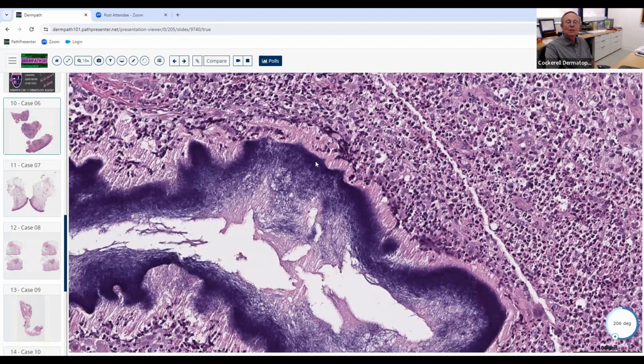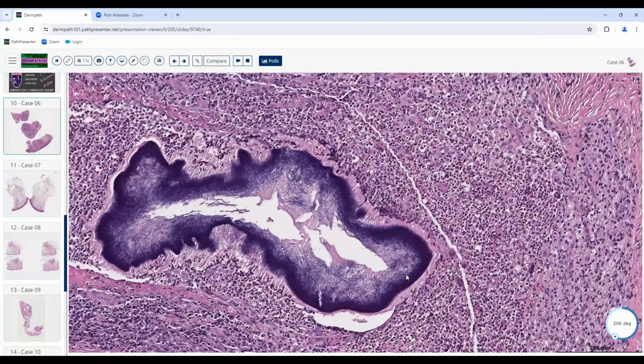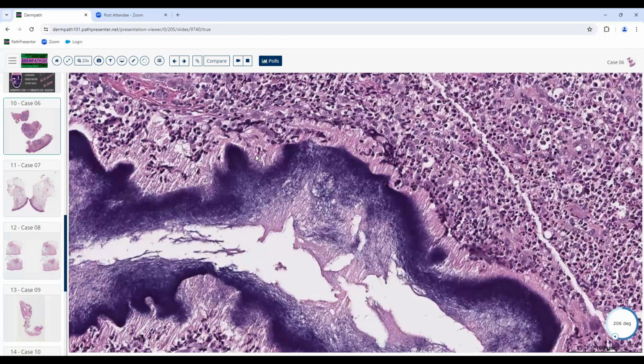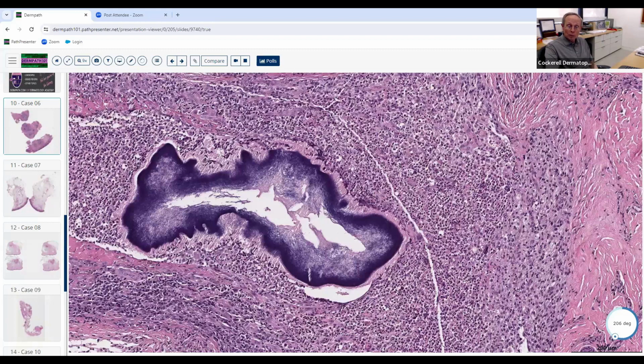What is this you're looking at right here? So this looked like the Splendore-Hoeppli phenomenon where you have that basophilic center with an eosinophilic rim. But essentially these maybe sulfur granules is what I was thinking of. So you're thinking it's a granule. Mhm.